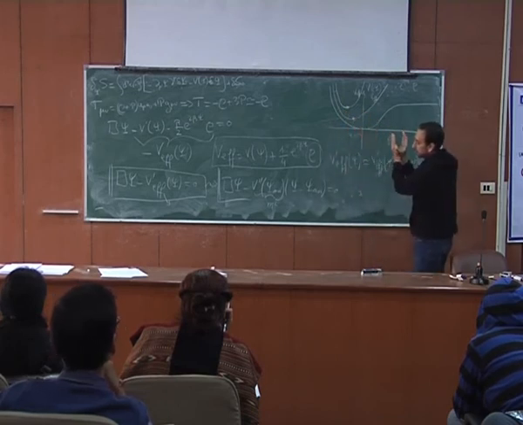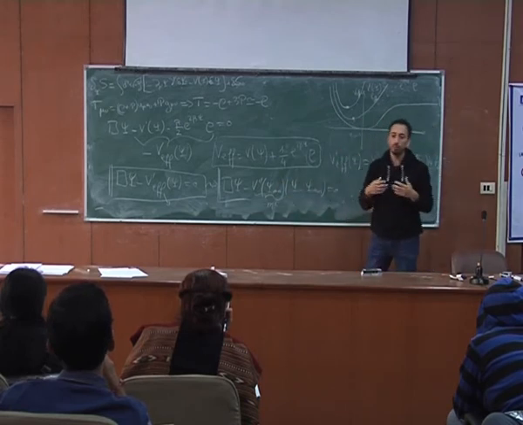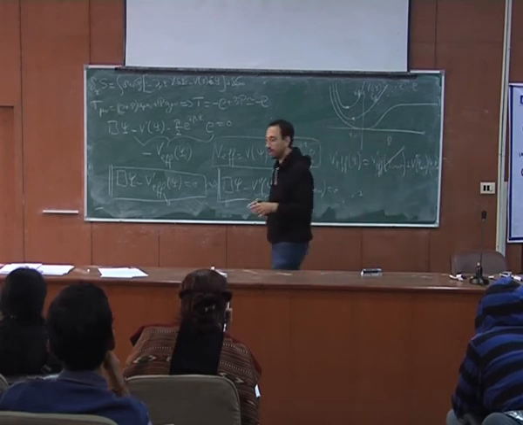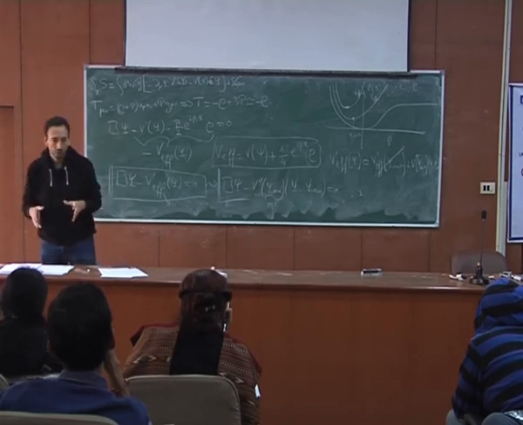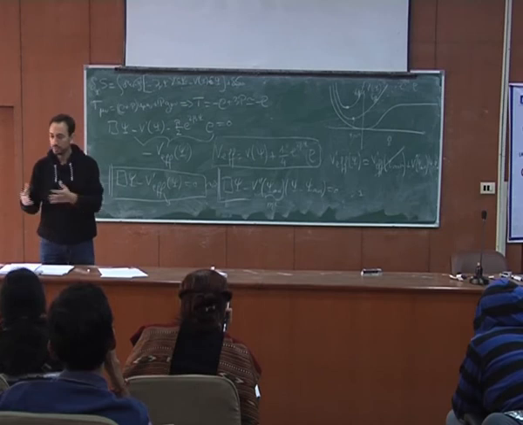The second derivative becomes much larger, so the scalar field becomes more massive. So we have a scalar field which has a mass which depends on the environment, on the density of matter. When the density of matter is large, it becomes heavy. When the density of matter is small, it becomes light.